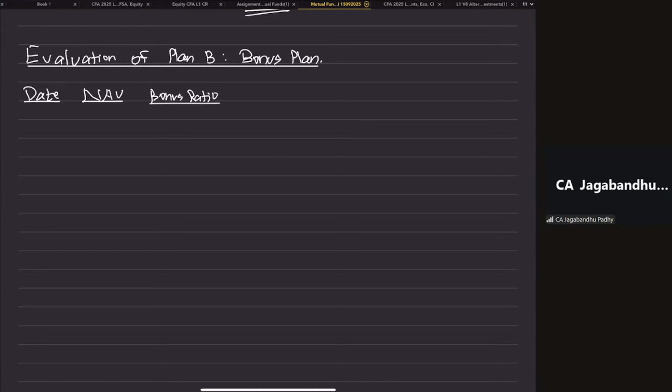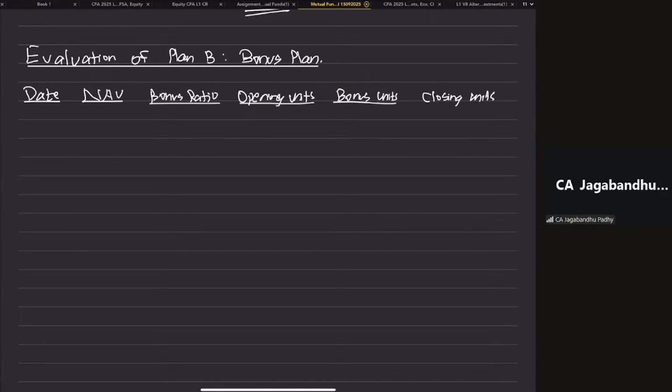Then we can think of opening units. And then we'll calculate the bonus units and then closing units.